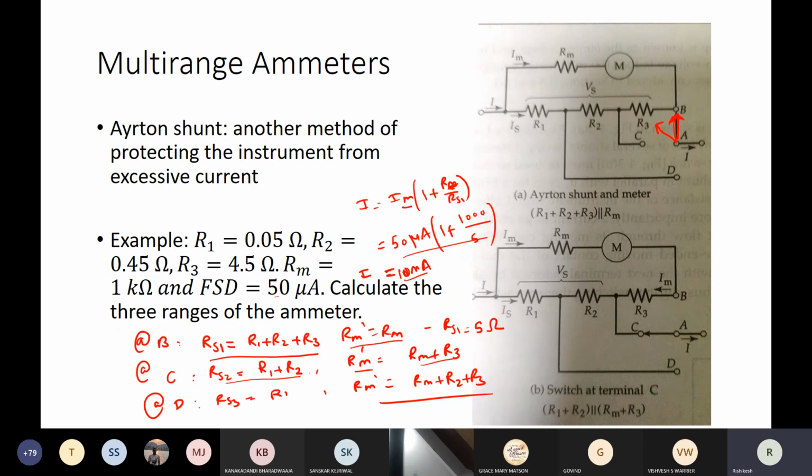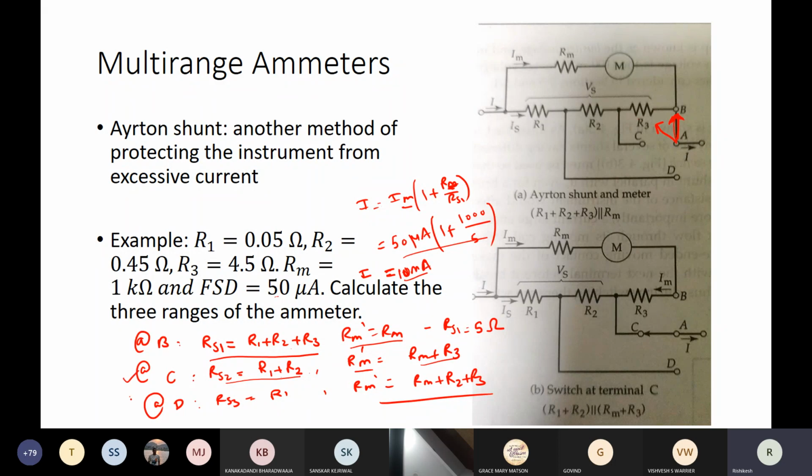Okay, please do that. Now, it doesn't matter much because Rm is so high in comparison to Rs. Rm is 1000 ohm and R3 is 4.5 ohm. So that will not make much difference, but it is important to calculate the actual range of the current. So I leave that part to you.